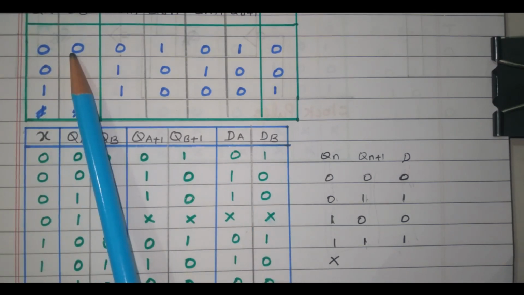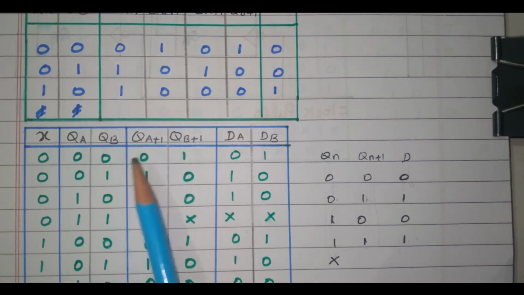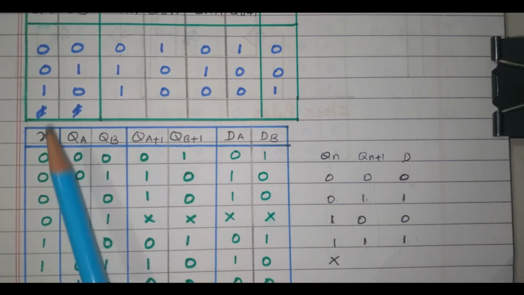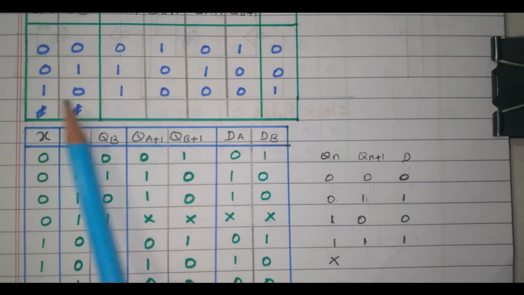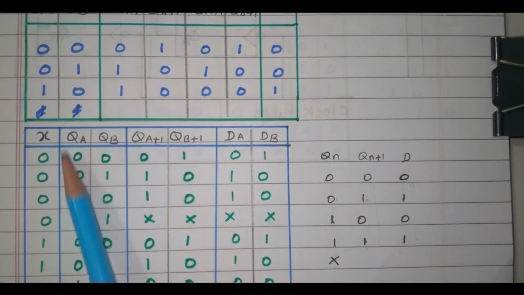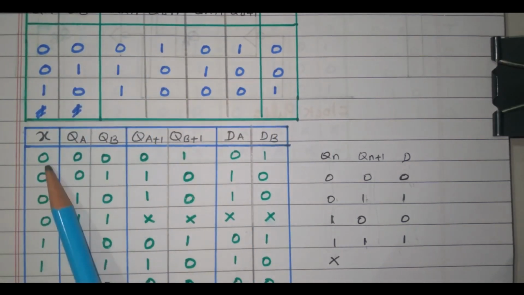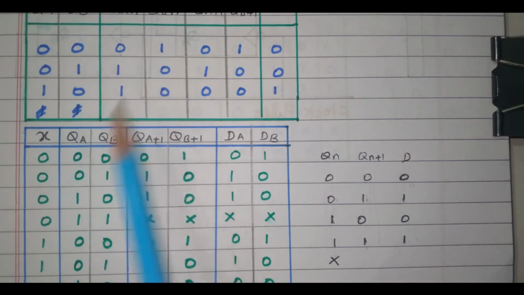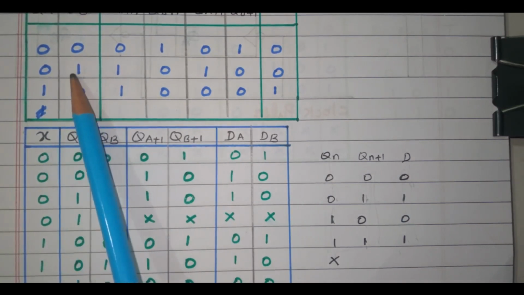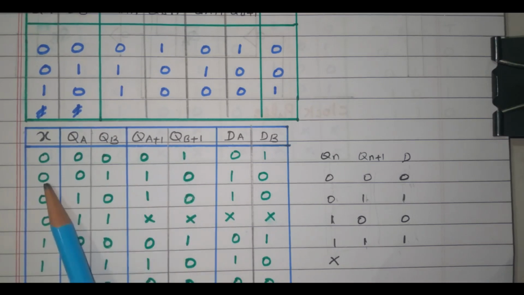That is, 0 0 goes to 0 1, for an input of 0. Similarly, 0 1 goes to 1 0, and 1 0 goes to 1 0. So, for all these cases, the input is x equal to 0. 0 0 to 0 1 for x equal to 0. 0 1 to 1 0 for x equal to 0.